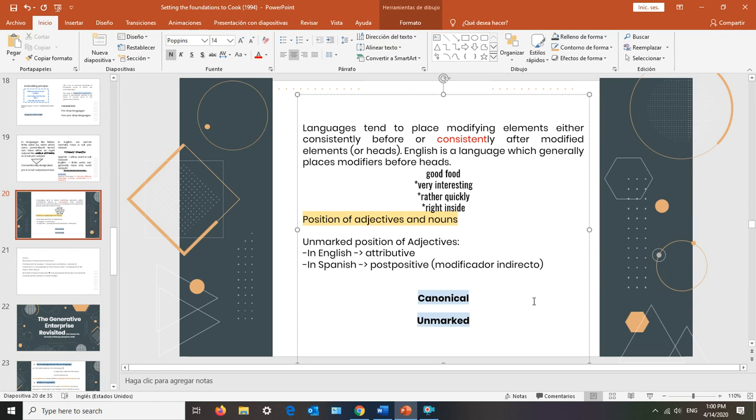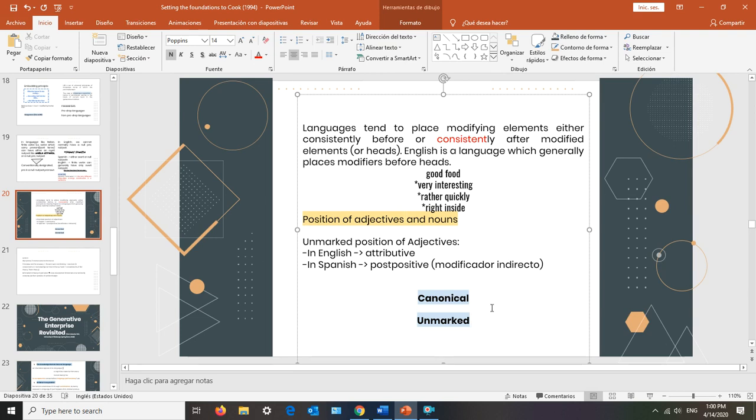Canonical or unmarked sentences, the ones that are the simplest, the most frequent, right? The ones that are the most consistent in the patterns that can be arrived at by looking at the sentences that are produced in a given language.